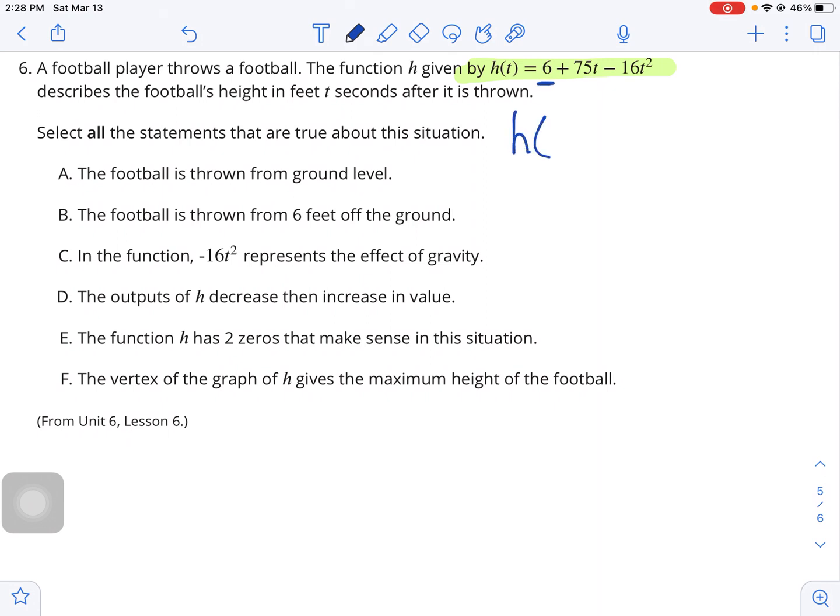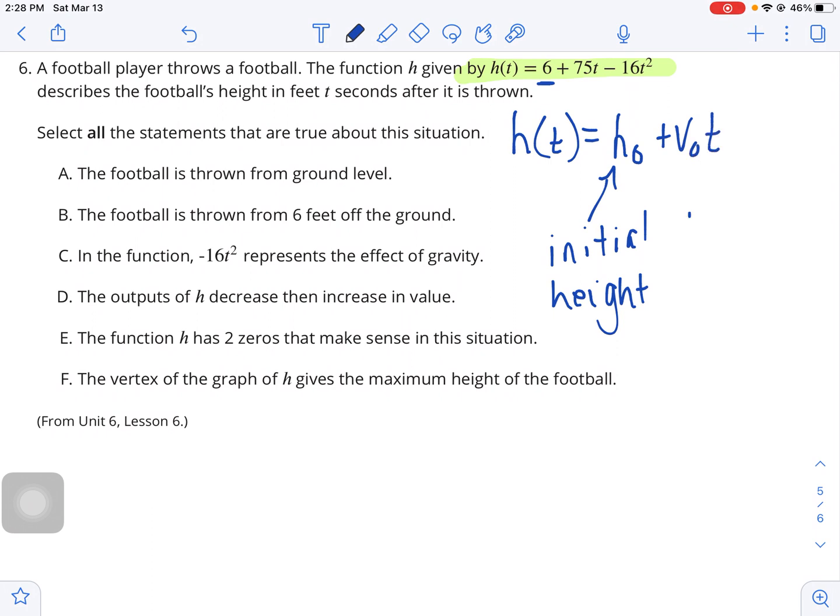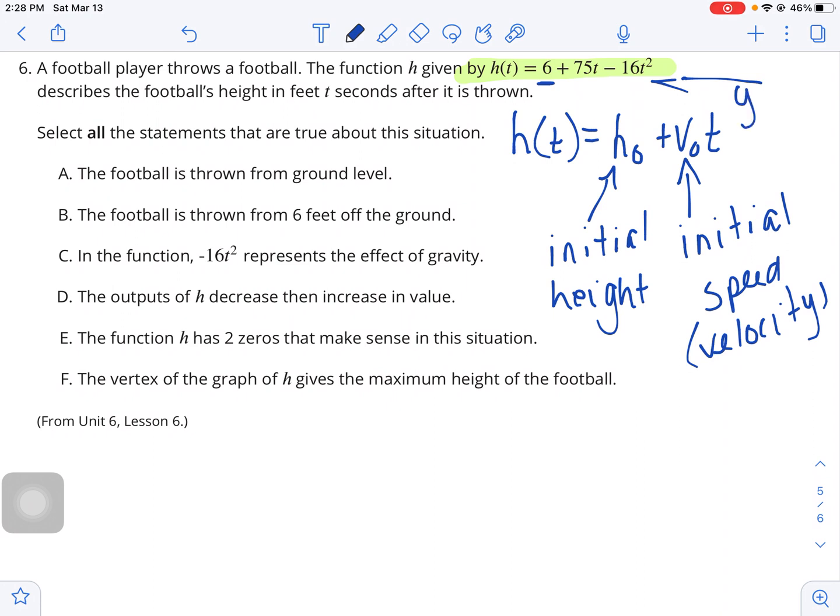So h of t is h of 0, which is initial height, plus v sub 0 times t, where v sub 0 is initial speed, or velocity, and that is gravity again.